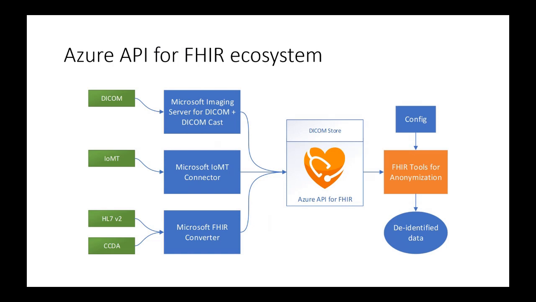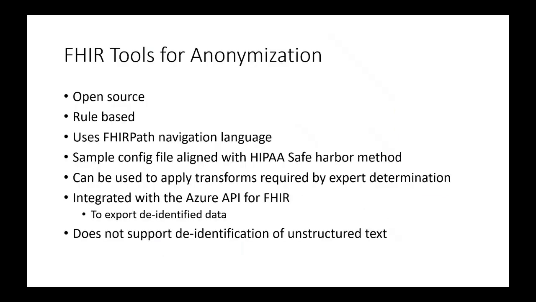It takes the config file and the FHIR data, and it produces de-identified FHIR data. It's a rule-based system which uses the FHIRPath navigation language. FHIRPath is a FHIR standard, similar to XPath or JSONPath in a way, where you can specify what elements of the data you want to alter.